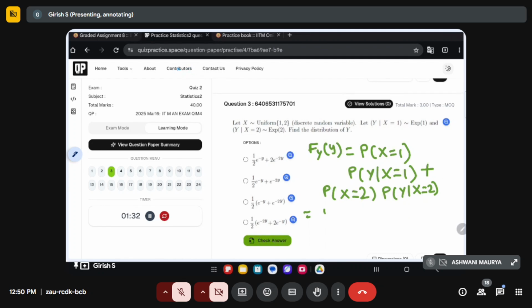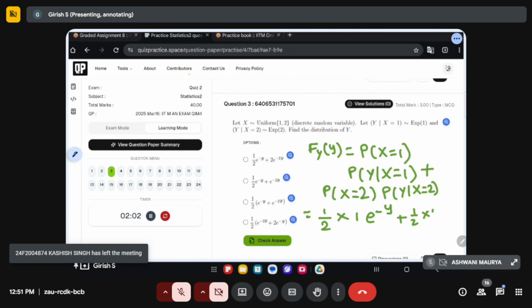1/2. Yeah, 0.5. Yes. And probability of y given x is equal to 1, it is following exponential distribution. For exponential distribution, I can write it as lambda into e power minus lambda y. Since we want in terms of y, I'm writing it like that. Similarly, here as well, it will be like 1 by 2 into lambda into e power minus lambda y.